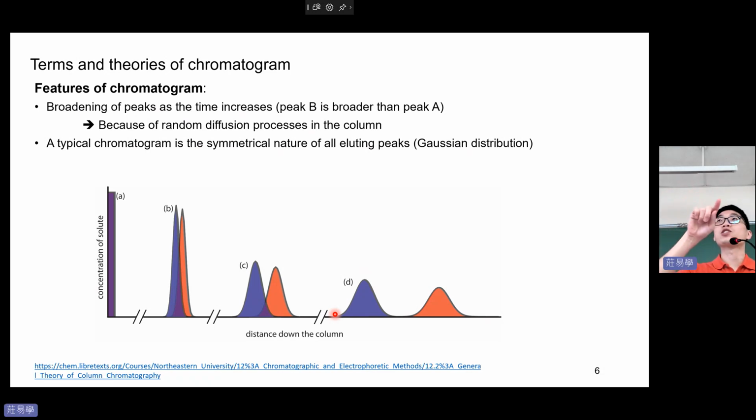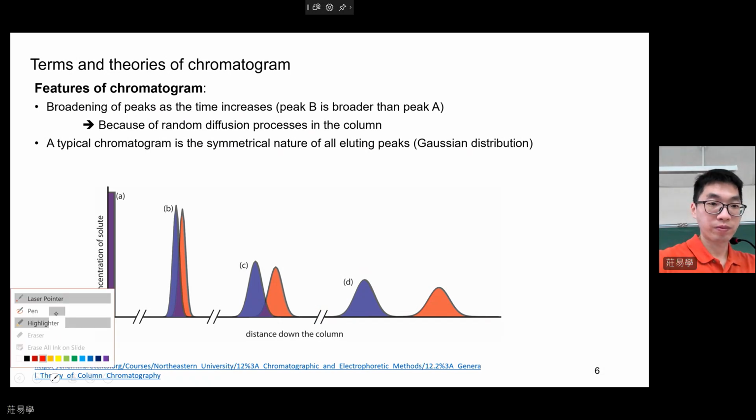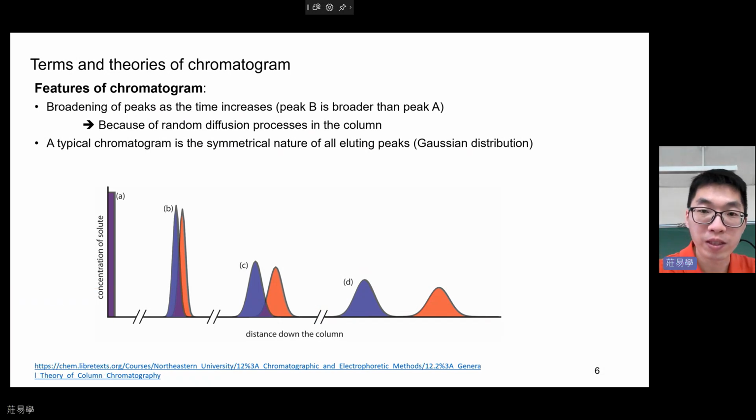For example, the peak might look like this. It has a long tail. And we usually see this kind of phenomenon in an aged column.